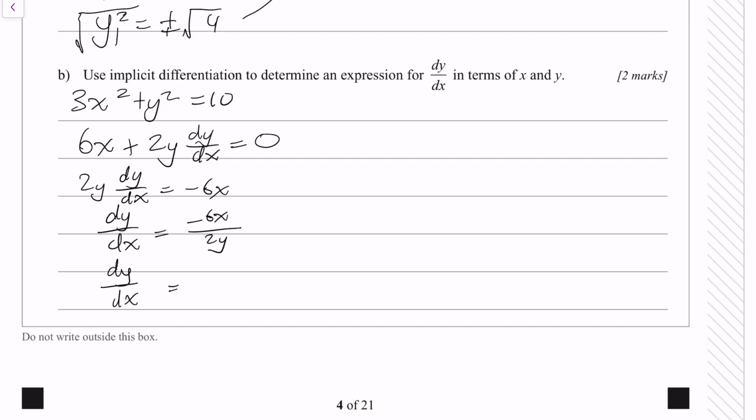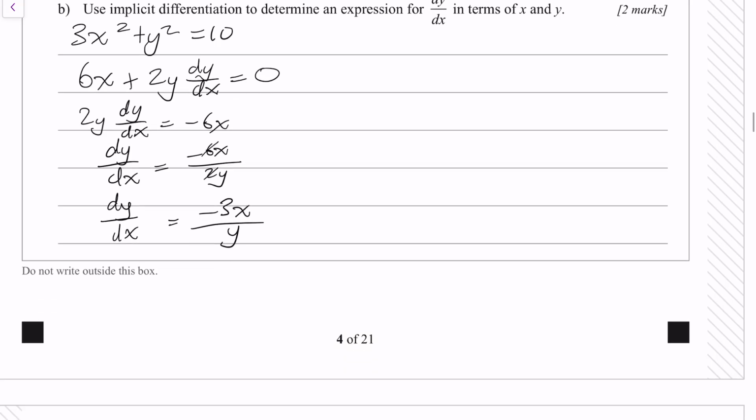So always put the simplest form, negative 3x over y, because I just divide by 2 both sides. And maybe put there as well that y cannot be equal to 0, because we're giving our boundaries now, because obviously we cannot divide by 0. So if y is on the bottom, then we cannot have y equals 0.